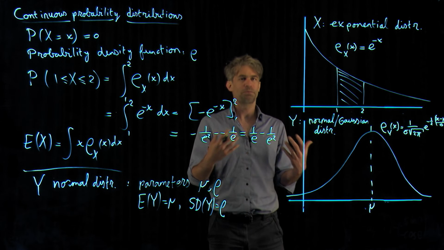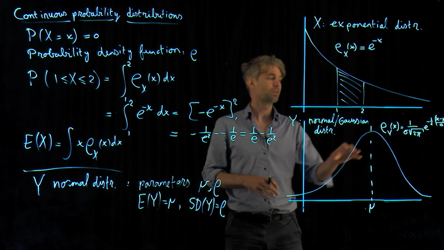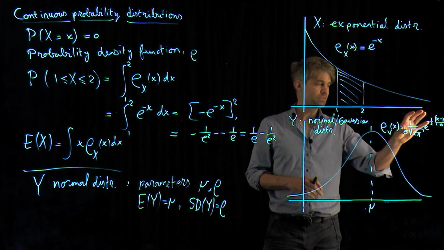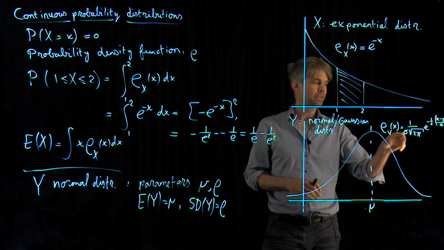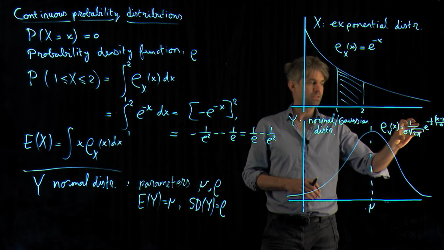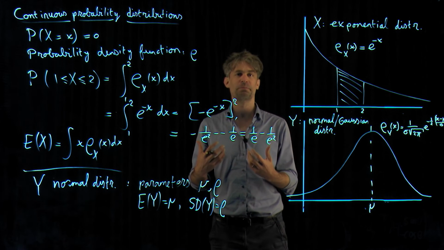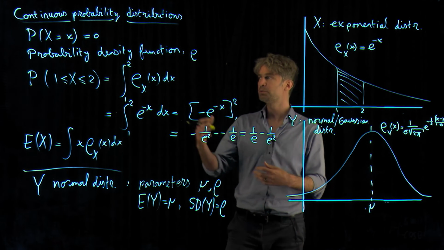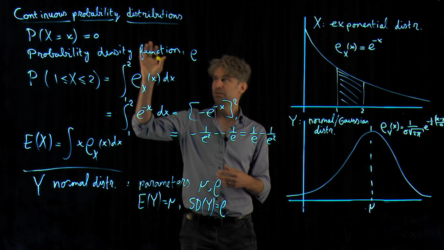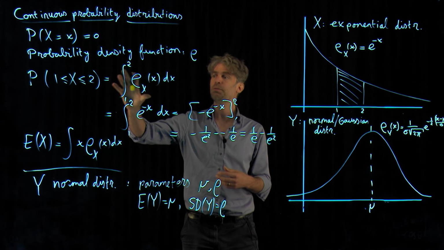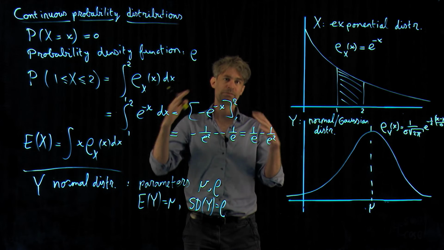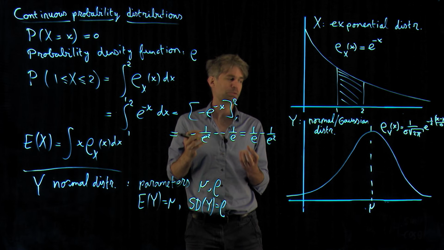And well, of course, there is a formula for it, and it's written here. It's 1 over sigma square root of 2 pi. This is a factor to make sure that the integral over the whole distribution function is 1. Because if I integrate the density function over the whole domain, then of course we have the chance that anything happens, which is always 1.